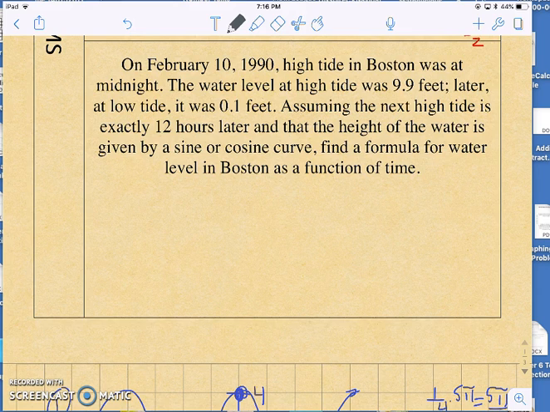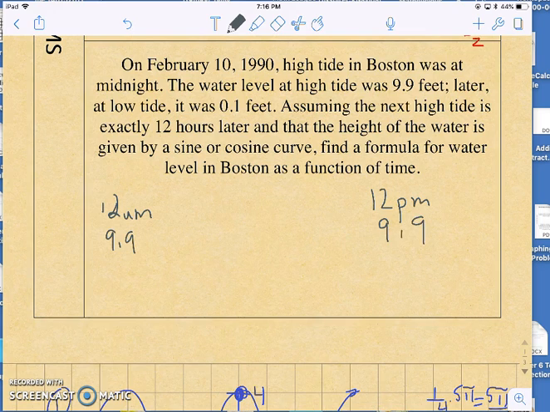It happens at midnight, so 12 a.m., and then at 12 p.m. is the next high tide. So low tide has to be right in the middle, so wouldn't that be at 6, and it's at 0.1. Well, then how do we find what's right in the middle here? So at 3 and at 9.